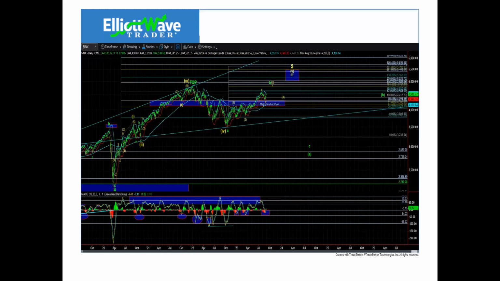You have to figure it's going to take us probably into the end of this year or into early next to get us to 4,800. You're then going to have a multi-month correction back to 4,400, and then you probably got another year and change of rally up to 5,000 plus. So that's my guesstimation.